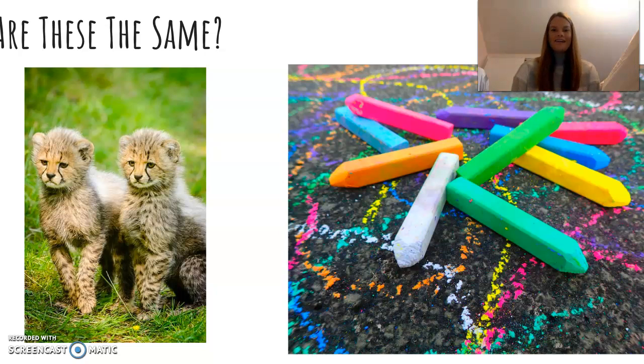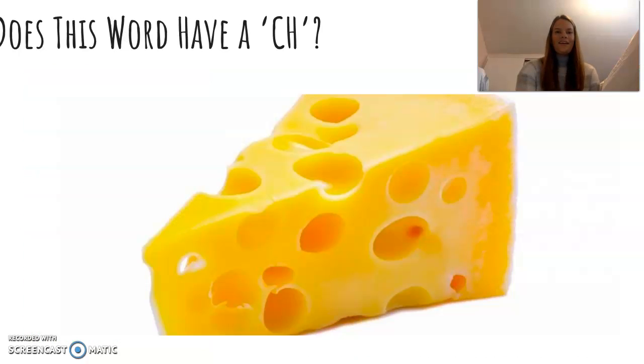Chalk. All right, guys. So now we're going to play a little game. I'm going to show you a few pictures, and on each slide, there's going to be an object, a piece of food, a place, and I want you guys to say that object or place or food out loud.